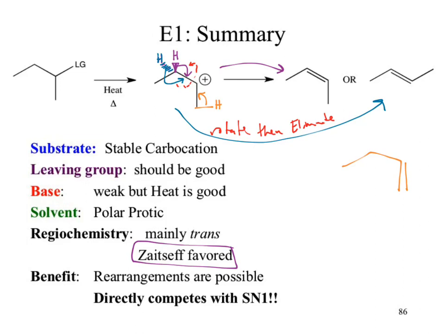Okay. Zaitsev went through and said, well, the product that is formed is the product generated by removing hydrogen from the position that already had the fewest hydrogen. Okay. So look at our carbocation, look at the beta positions.